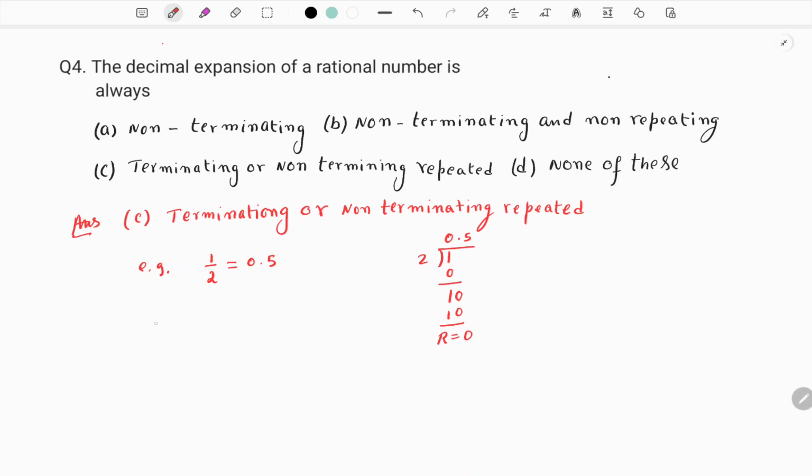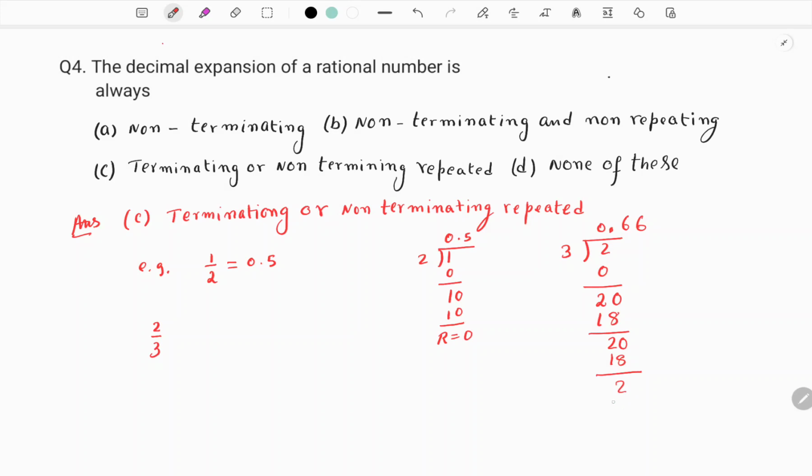Another example, let us take 2 by 3. So here if we have 2, then we'll divide by 3. So 3 into 0 will get 0. Then 2 minus 0 is 2. Put a point. Here we can put 0. So 3 into 6 is 18. Then 20 minus 18 becomes 2. So here again we'll put 0. 3 into 6 is 18 and so on.